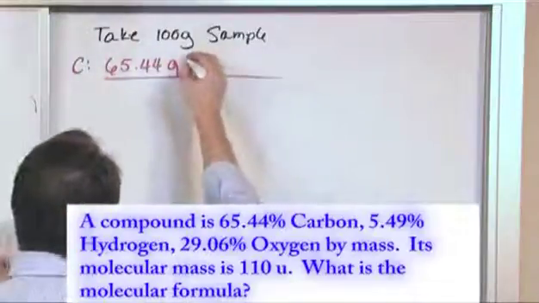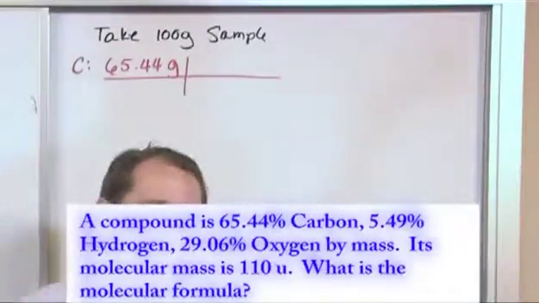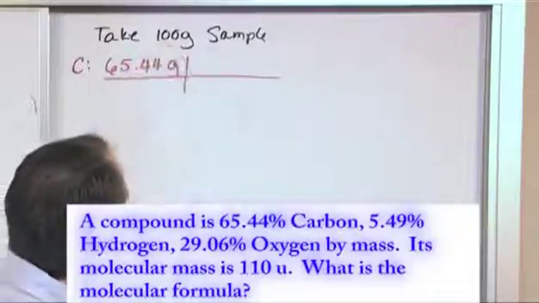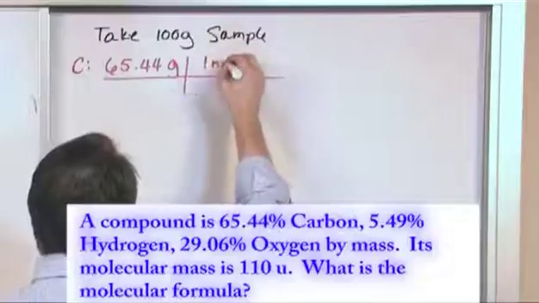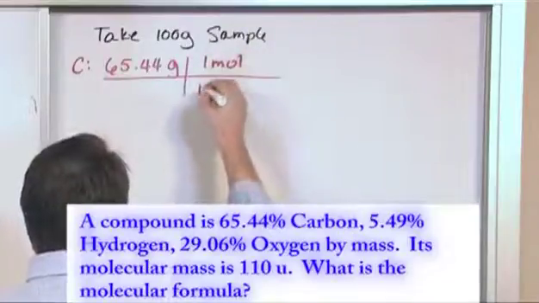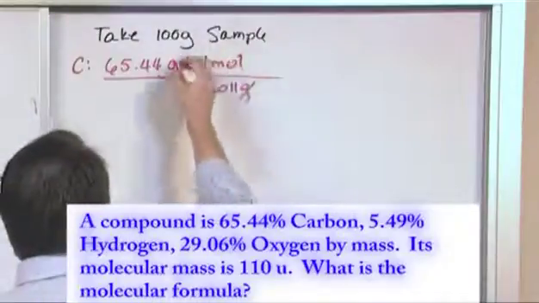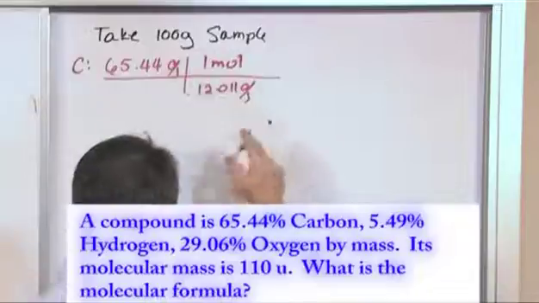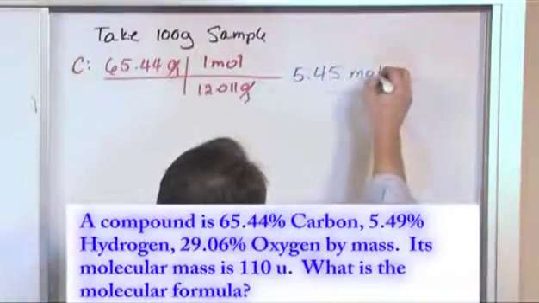But I know from the last problem that ultimately I want to get to how many moles of carbon I have, because that's going to be those subscripts that I'm dealing with. So let me take the grams of carbon in this sample and convert it to moles. So 1 mole of this stuff on the periodic table is 12.011 grams, so grams per mole. Grams cancels with grams. So what I'm left with when I do this multiplication and this division is 5.45 moles of carbon.